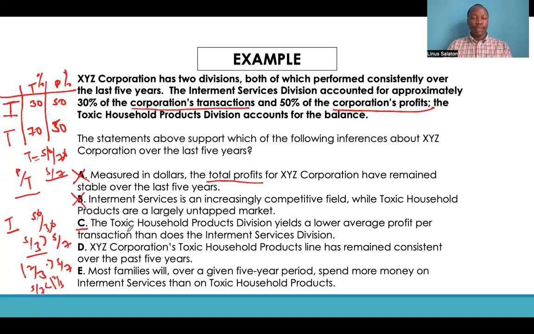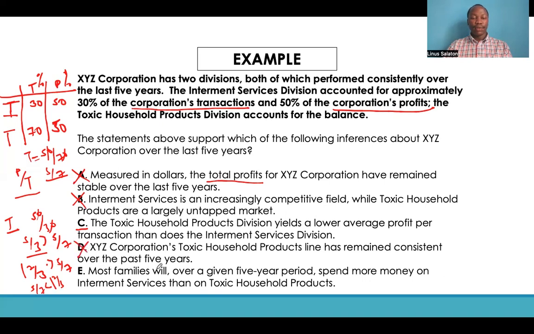So yes, true, the introductory sentence of our stimulus says that both divisions have performed consistently. Therefore, it is not a conclusion we can draw. Rather, it is information already provided in our stimulus. So for that reason, eliminate D.